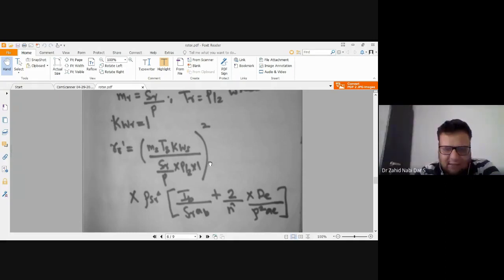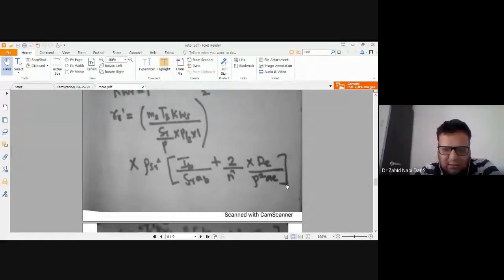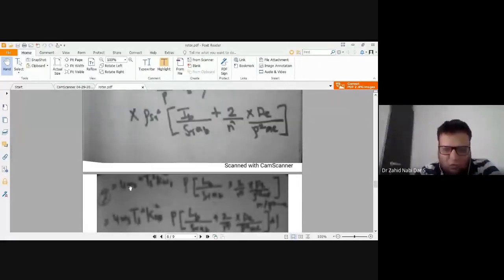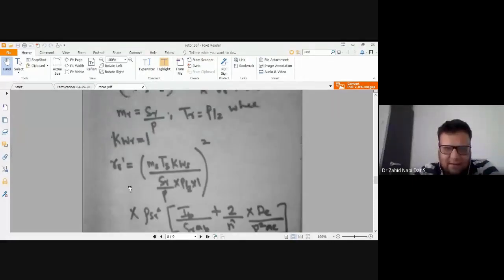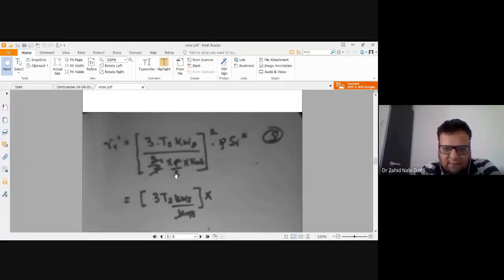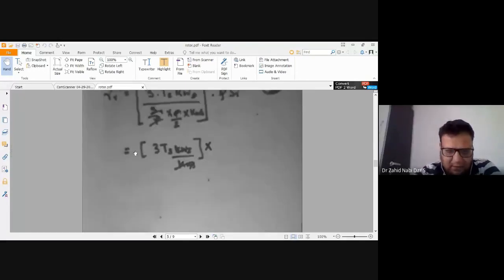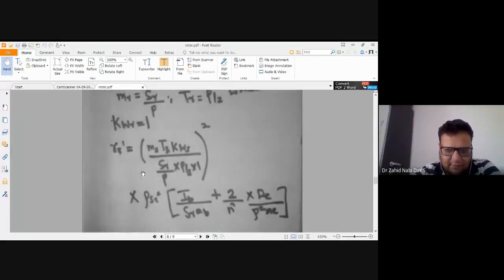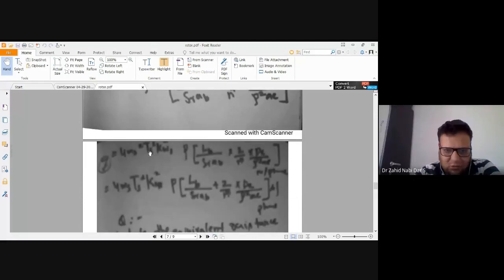So this expression I'm getting over here. So when I'm seeing this 4, that term is coming because of this 2 squaring, this 4 will go up. So I'm coming with this term 4 MS square TS square KWS.